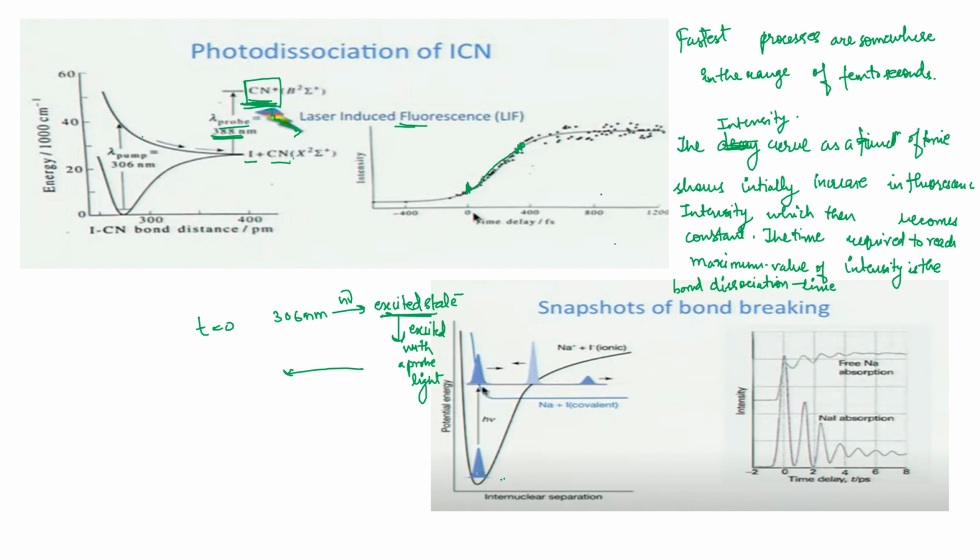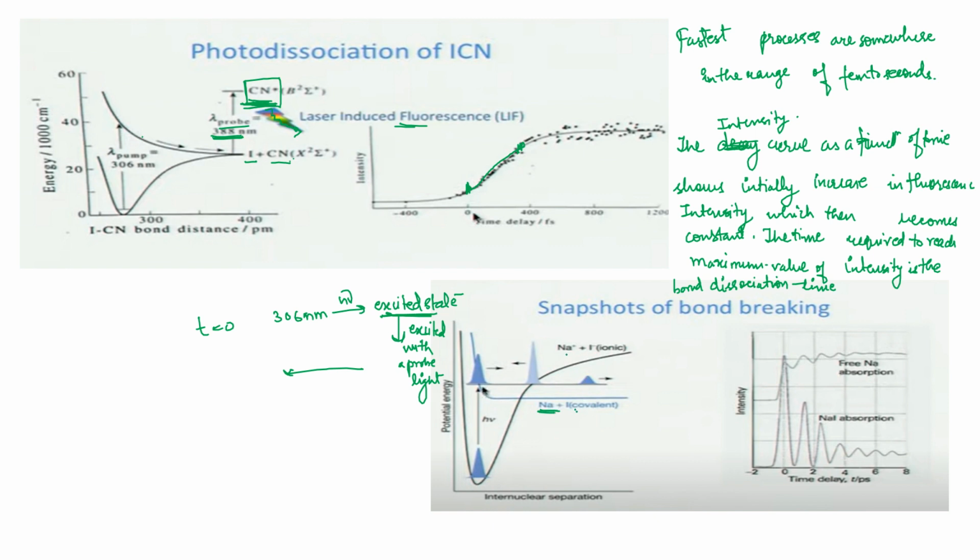Now, with this NaI, when they excite it with a certain frequency of light, it reaches the excited state Na plus and I minus. Meanwhile, this curve also overlaps somewhere with the Na potential energy curve. What happens is, when you excite it with light, some of the Na plus gets converted to Na.